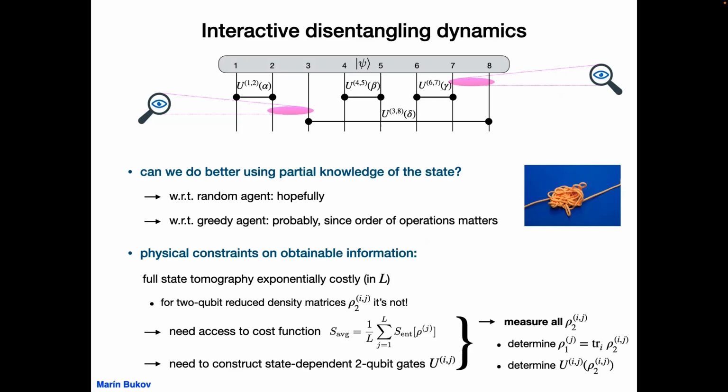But also from those, as I showed you, you can compute the optimal unitary. So by only measuring the 2-qubit reduced density matrix, which is our partial information, we want to do better than the random or the greedy agent here.